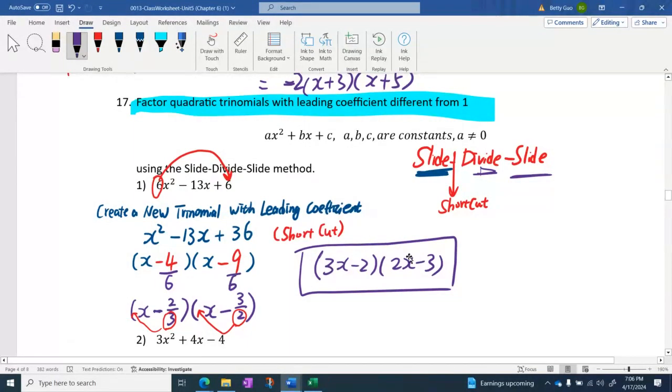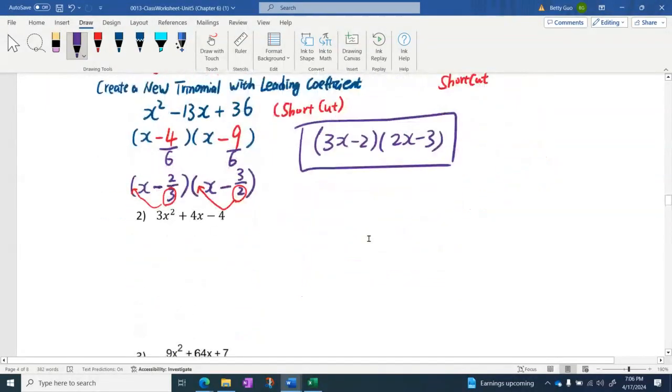I think one good method would be enough for us to pass the exam. And I choose slide divide slide because it's pretty doable and has very short steps. It doesn't have many steps. Slide divide slide is also easy to remember.